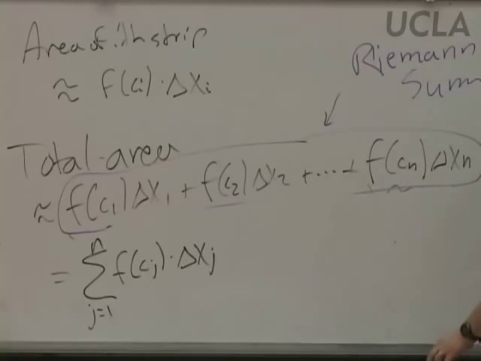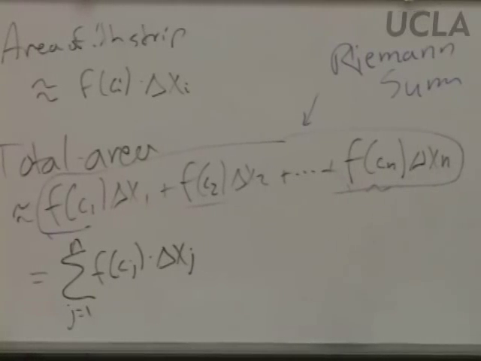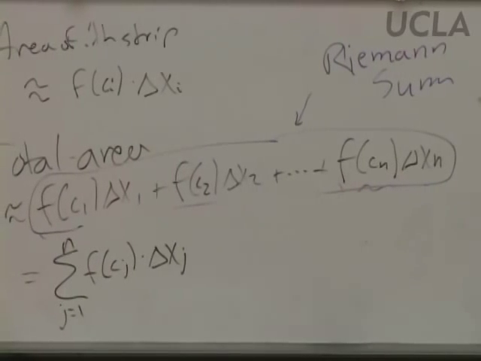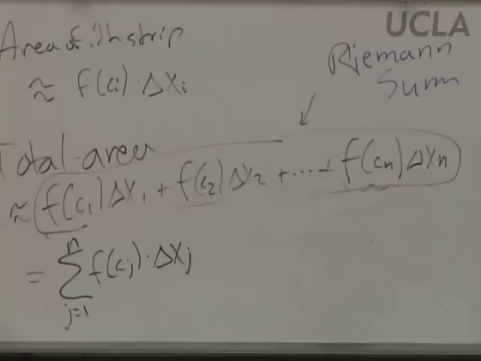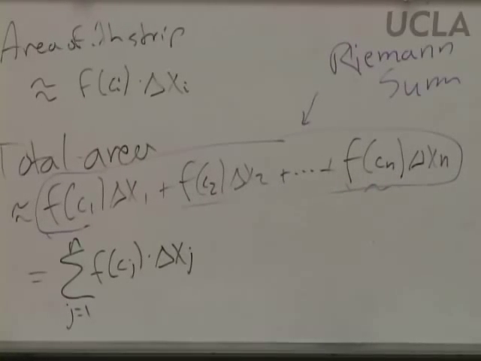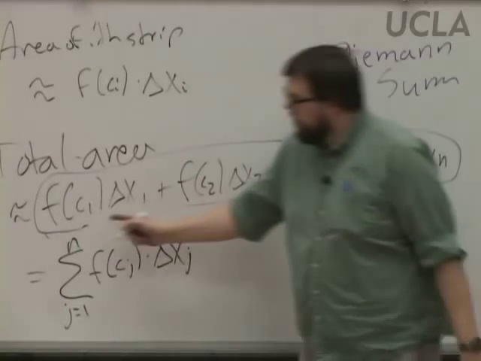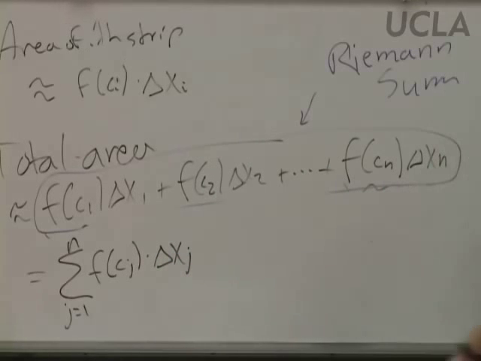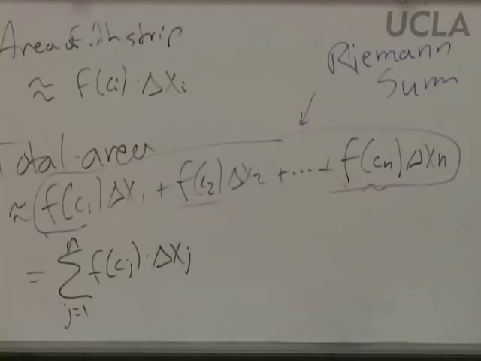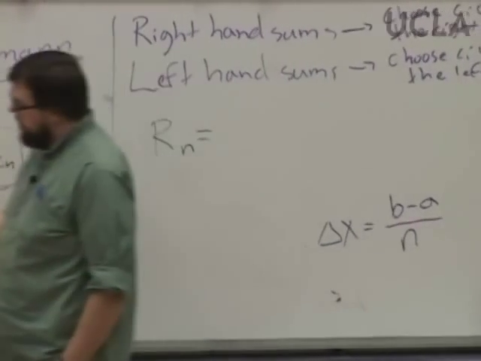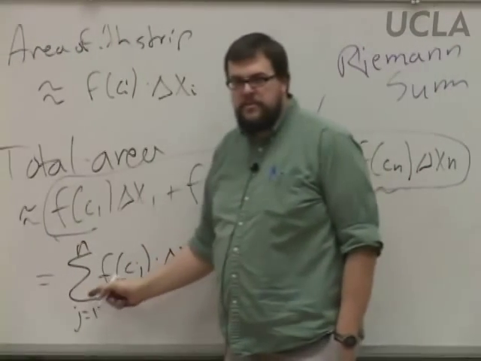What about for right-hand sums and left-hand sums? These are special cases of Riemann sums, so we just have to plug into the formula. So R_n, where n is the number of strips. Again, we're going to sum over n strips.